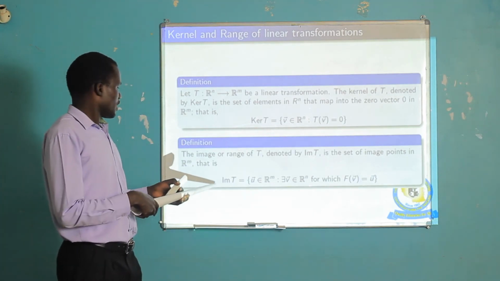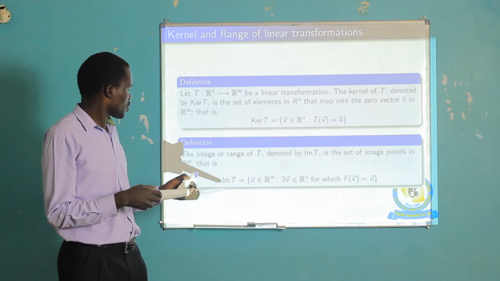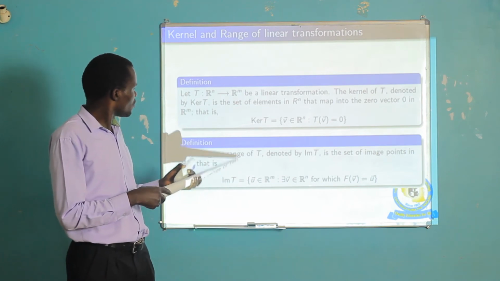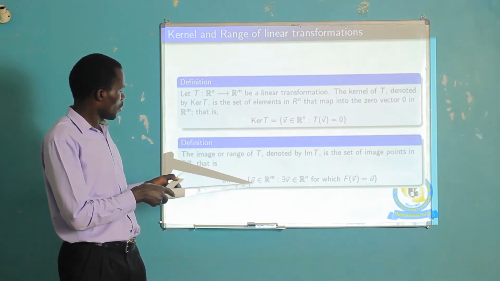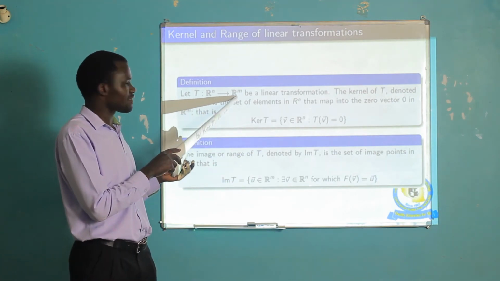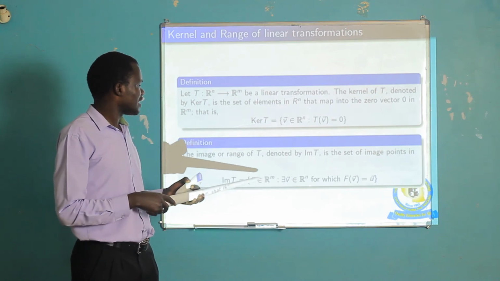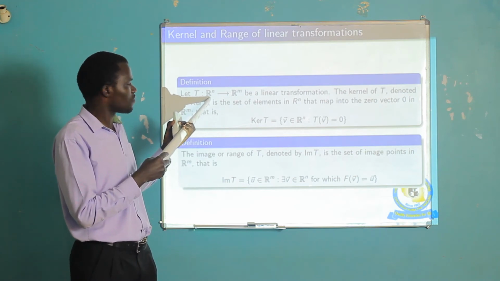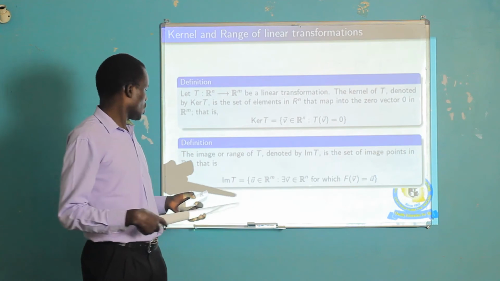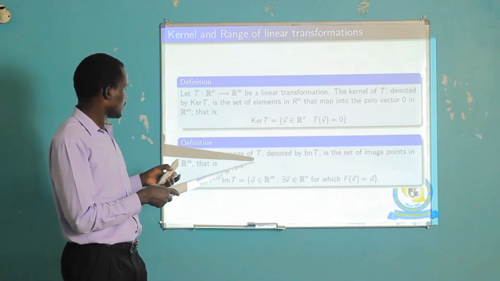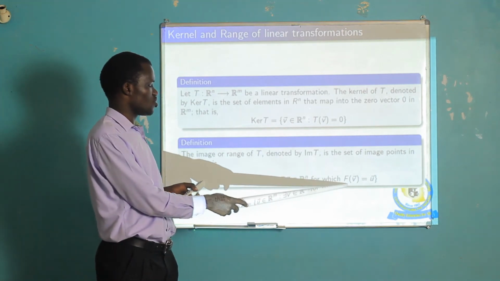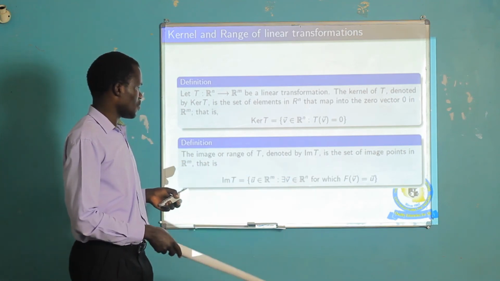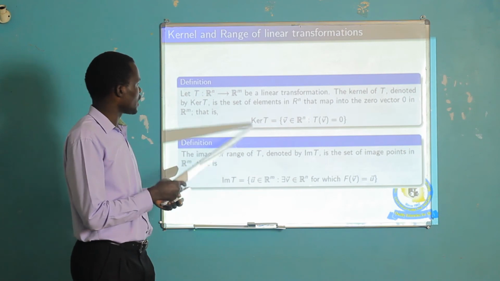That is, the image of the linear transformation T is equal to all the vectors u in the second vector space Rm, such that there exist vectors v in the first vector space Rn for which the linear transformation T of these vectors in Rn will give the vector u in Rm.